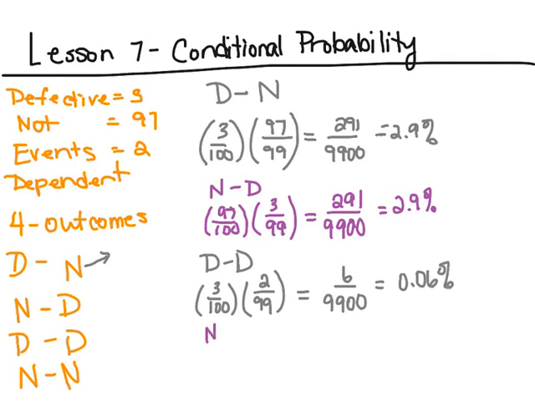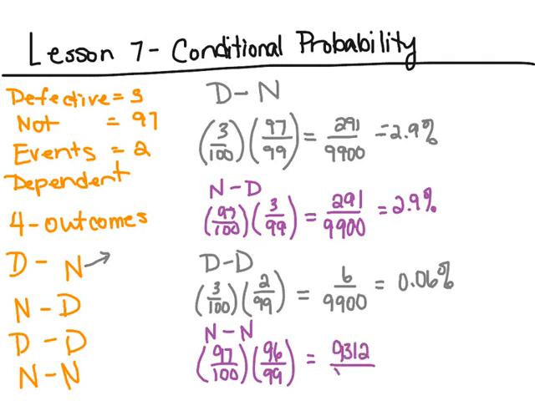And if they're both not defective, the first one would be 97 out of 100. Then we'd have 96 out of 99, which is 9,312 over 9,900, which is 94.1%.